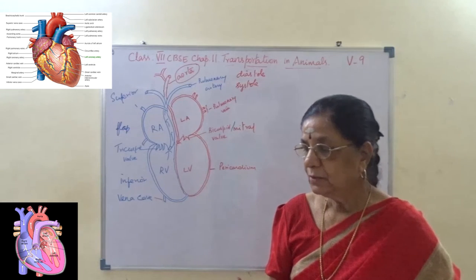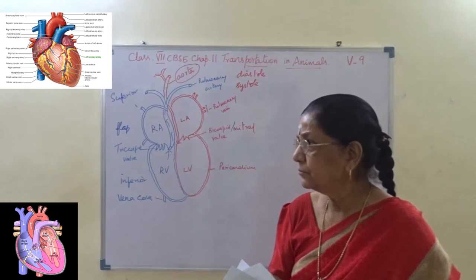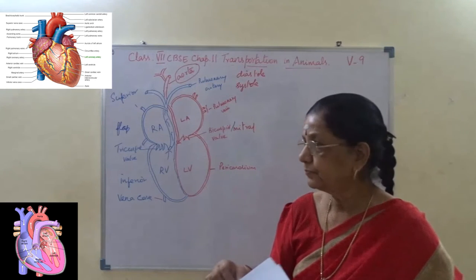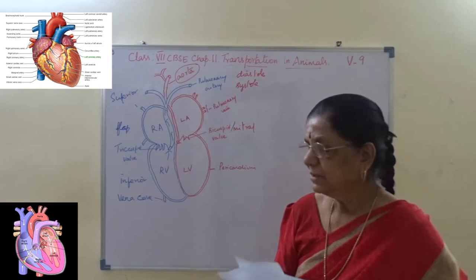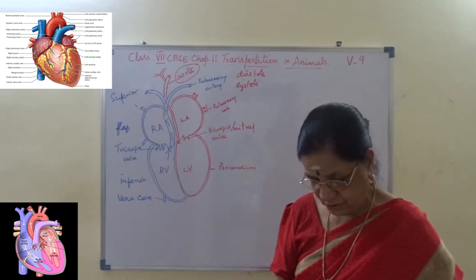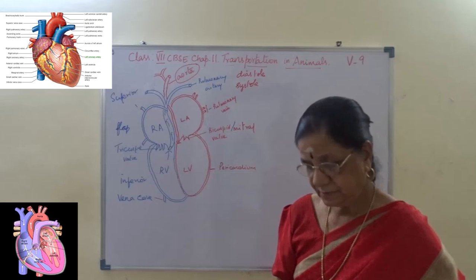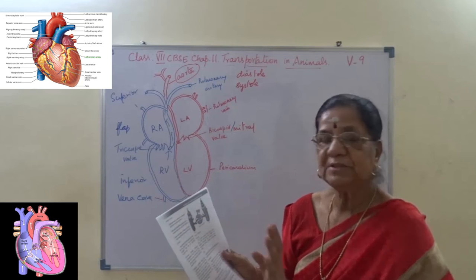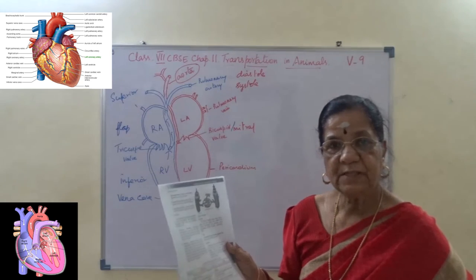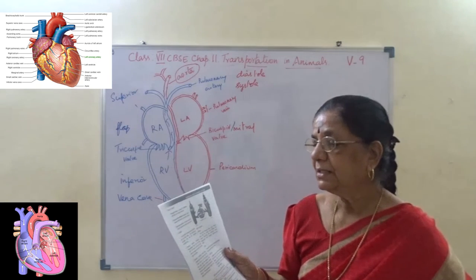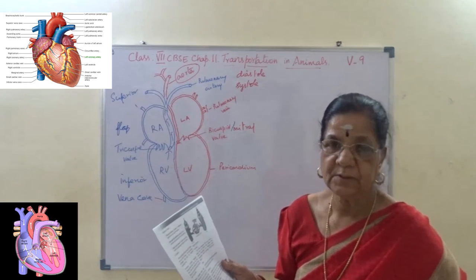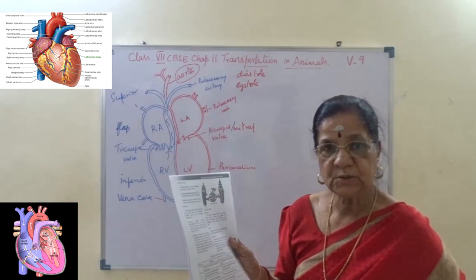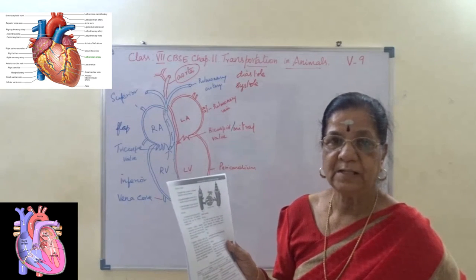And then one more, valves of the heart, then difference between arteries and veins. And then here valves: tricuspid valve, bicuspid valve, and semilunar valve. Bicuspid valve is also known as mitral valve.